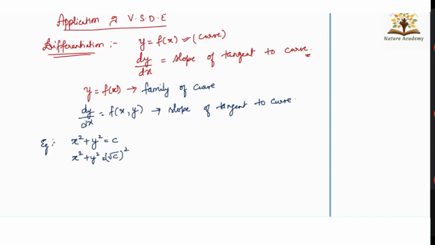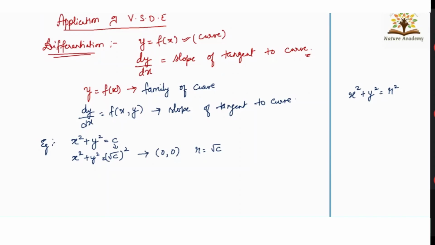So now you can see that this is the equation of a circle with center as origin 0, 0, and radius root c, because the equation of a circle is x square plus y square is equal to r square. So I wrote c in terms of r square, root c whole square.